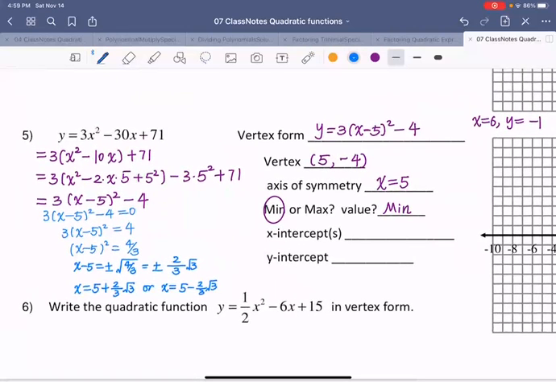So your x-intercept is 5 plus or minus 2/3 square root of 3, correct? Y-intercept, how do you calculate? You make x equal to 0 there. Make sense now?